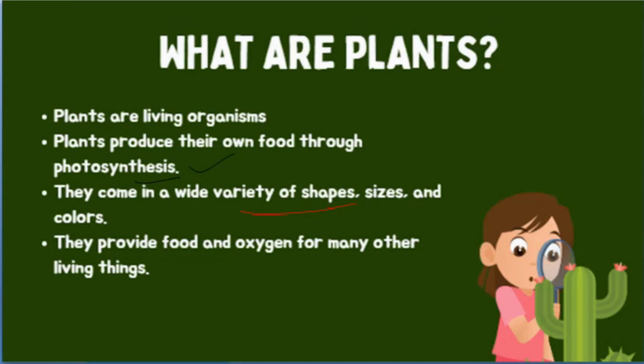So there is a variety of plants. They provide food and oxygen for many living things. Plants are very useful to us because they provide food and oxygen for us and for animals also. So that is why plants are very useful.